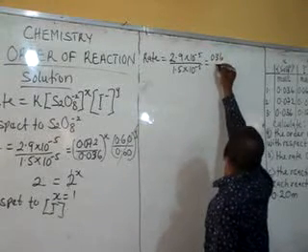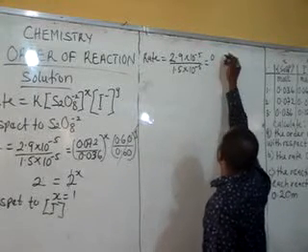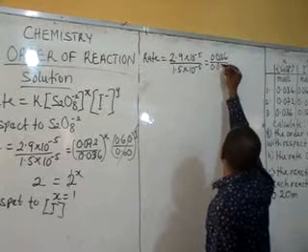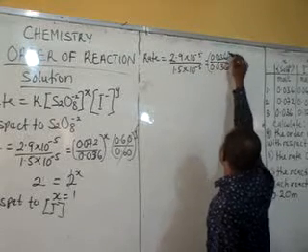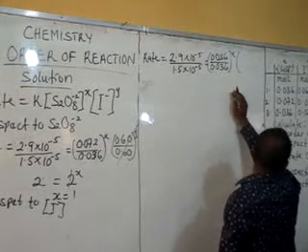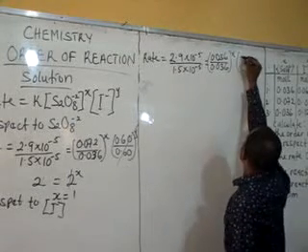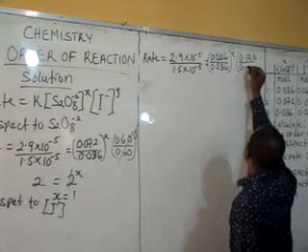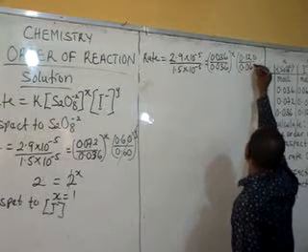And then for our S we have 0.36 over 0.036, and then our Y is 0.120 over 0.06.